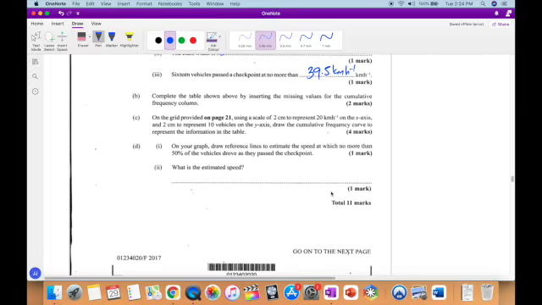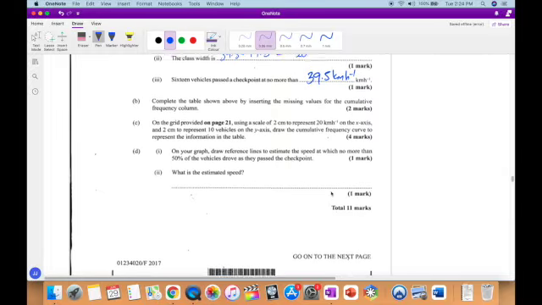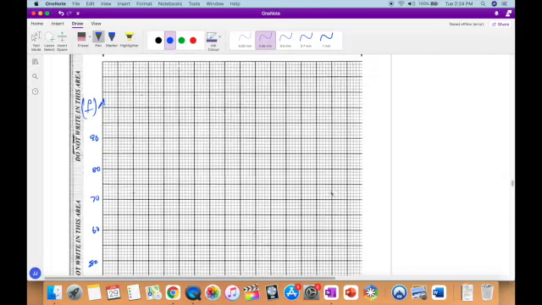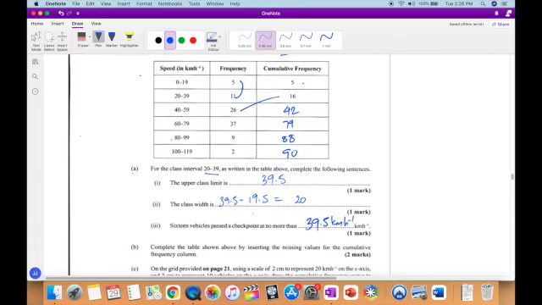On your graph, draw the cumulative frequency curve to represent the information on the table, okay? So what I'll do is I will just plot my cumulative frequency against the upper class limit. So I'll go with 20 here, I'll go with 40 here, I'll go with 60 here, I'll go with 80 here, I'll go with 100 here, and I'll go with about 120 over here.